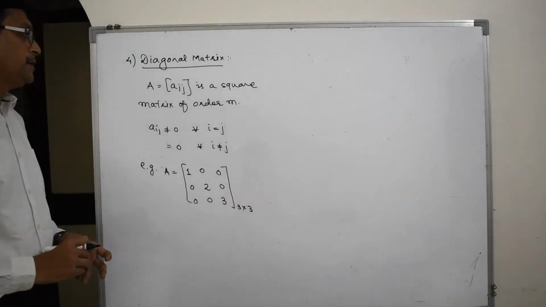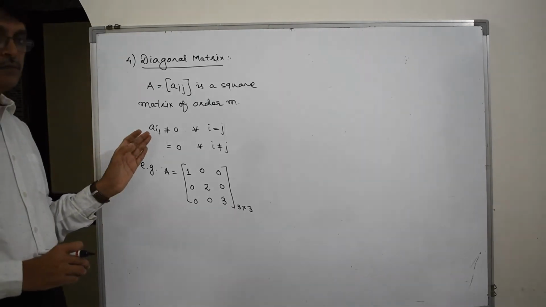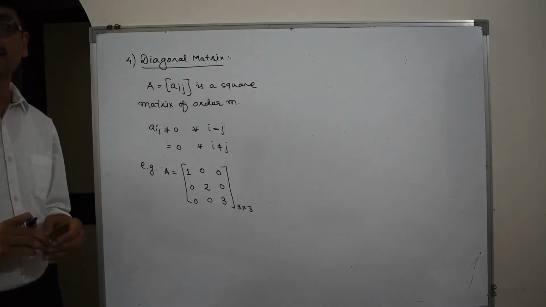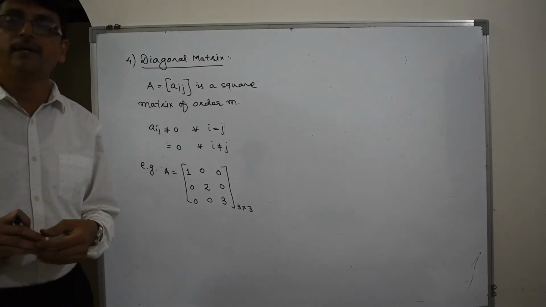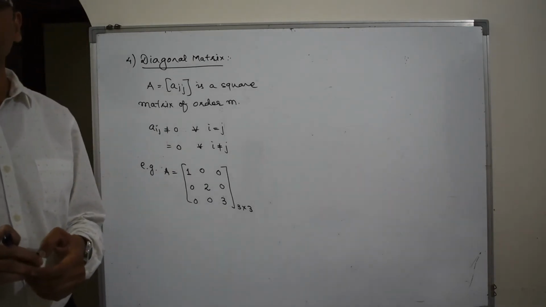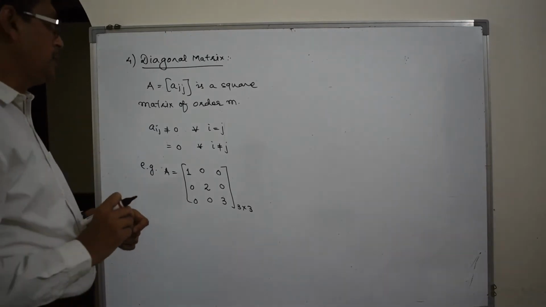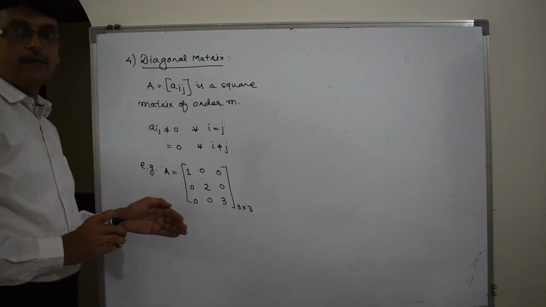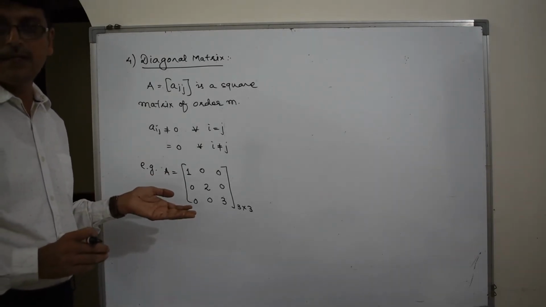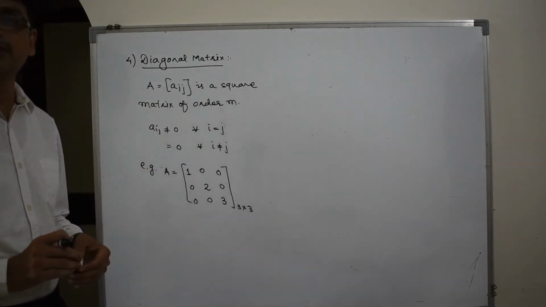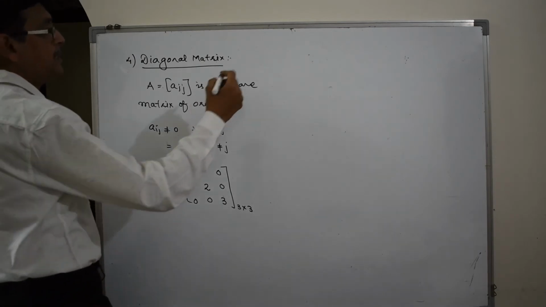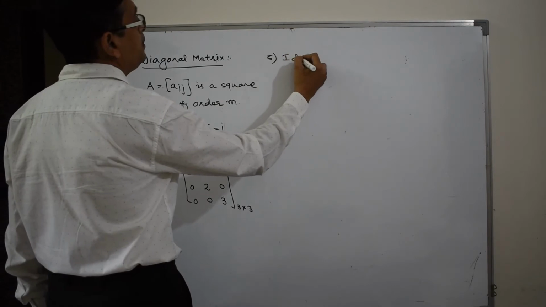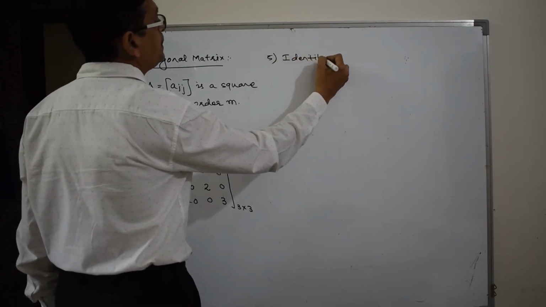So a square matrix is called a diagonal matrix if its diagonal elements are non-zero and the remaining entries are 0. So we can say that every diagonal matrix is a square matrix, but a square matrix may or may not be a diagonal matrix.